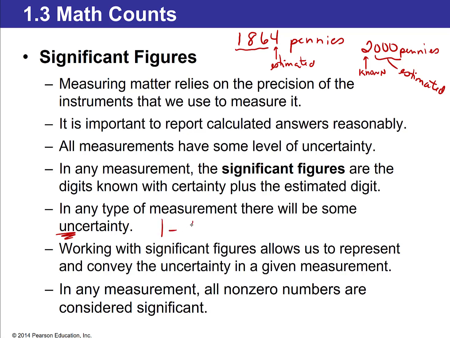All numbers 1 through 9 are significant. All numbers 1 through 9 are considered measured. Okay? So there may be that last number that's an estimate, but it is still considered a measured value. So 1 through 9 are always significant figures. The problem comes into play with those blasted zeros.